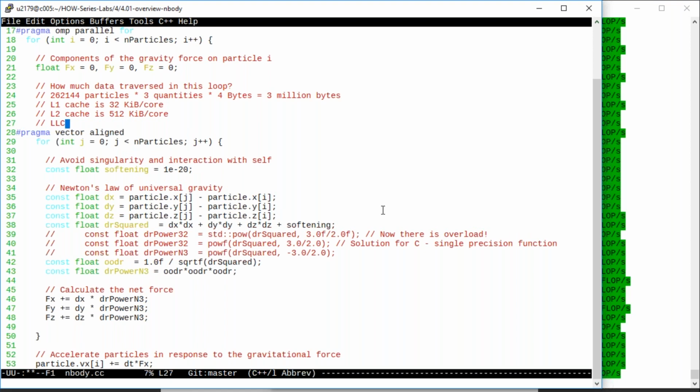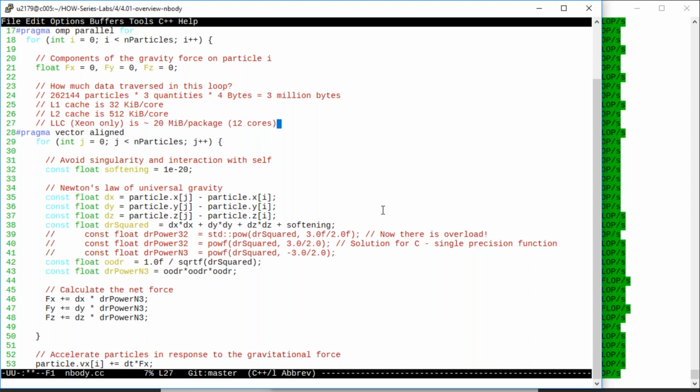There's also the last level cache, only on Xeon. It is of order, I think, for this model, 20 megabytes per package, 12 cores.